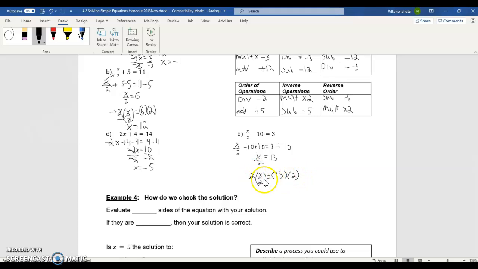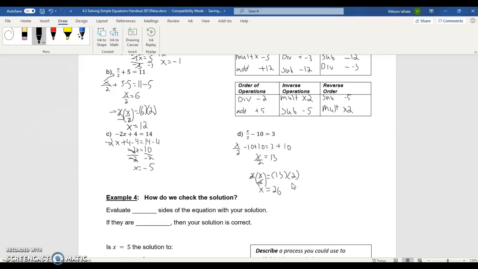Two in the numerator and denominator cancel out, and so we get x is equal to 26, which is 13 times 2. So what we've just seen here are examples where we solve for variables when there was a combination of addition, subtraction, multiplication, division, inverse operations to do.